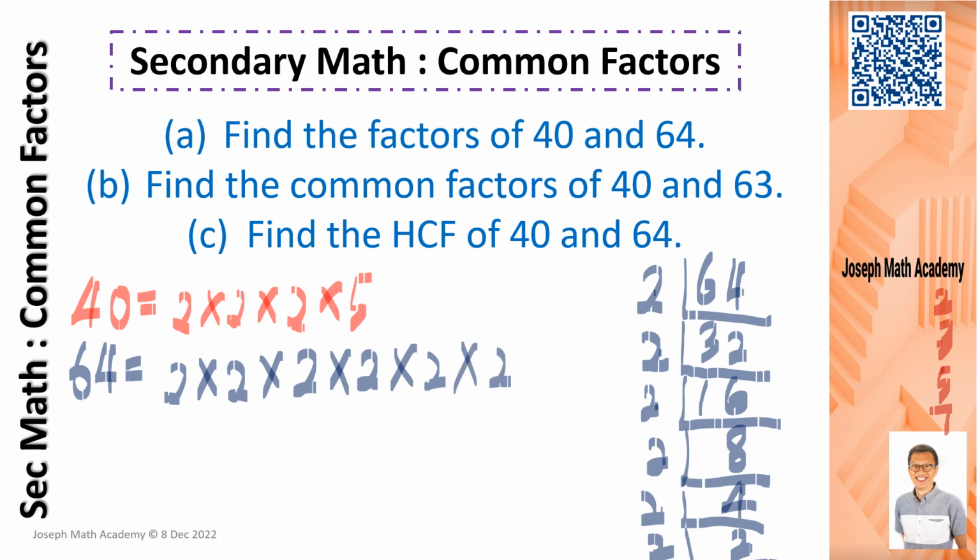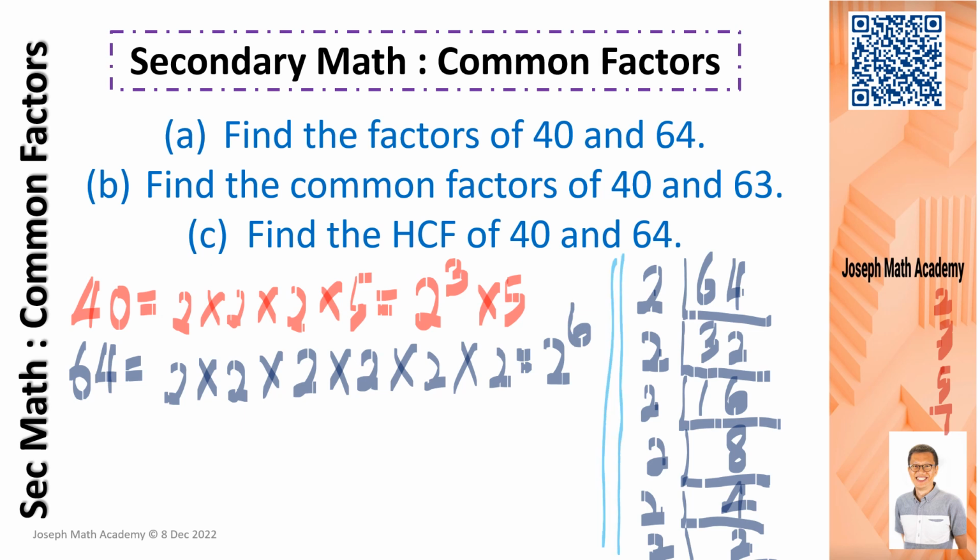So 40 can be written as 2 to the power of 3 times 5. 64 can be written as 2 to the power of 6 because it appears 6 times. Okay, so that is called the product of its prime numbers.